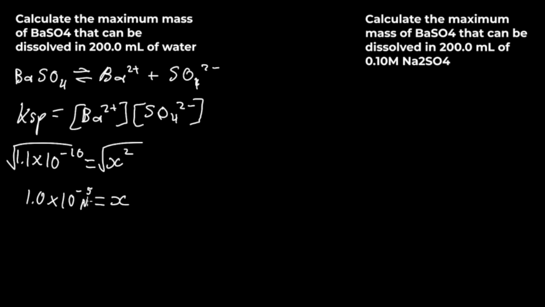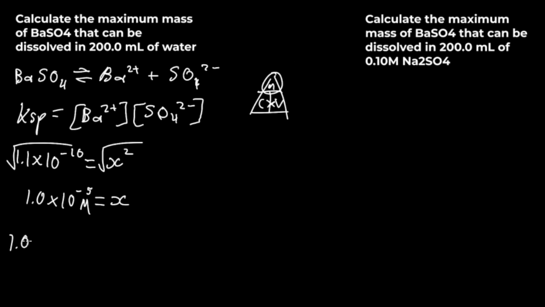So this is in molarity right now. If we want to find mass, we should probably go into moles. Using the NCV triangle, if we want to get to moles, or N, that means we need to multiply concentration by volume. We have the concentration here, and we have a volume right here.